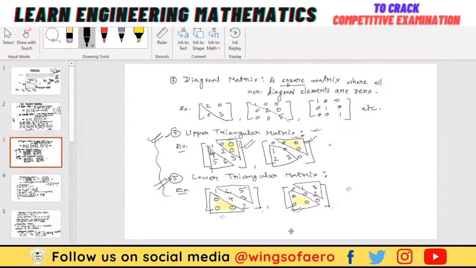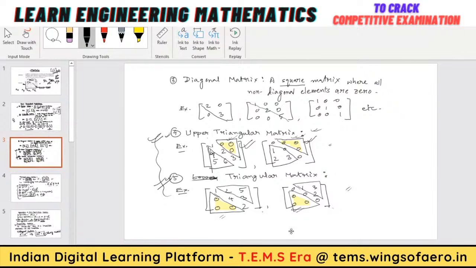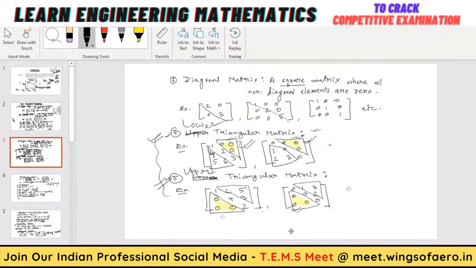Upper triangular, all the elements below the diagonals. Yes, you're right. Sorry. I am getting confused. Lower, upper.